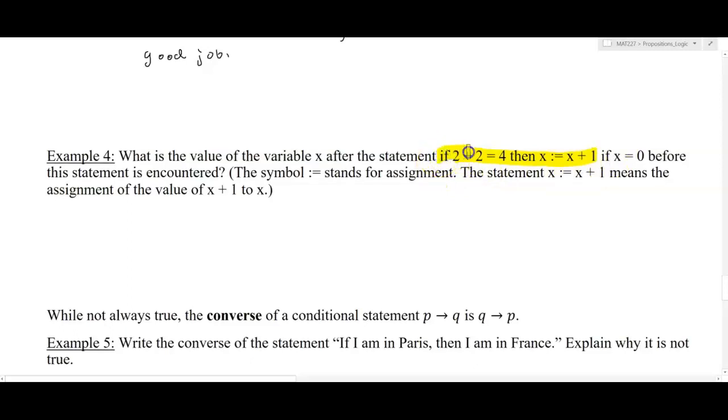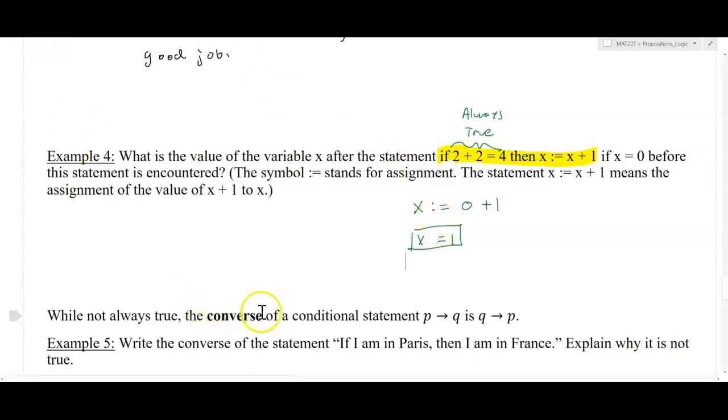Well, the statement 2 plus 2 equals 4 is always true. And an if-then statement, when the condition happens, the conclusion must follow. Therefore, x is going to be assigned the value of x plus 1. So x will now equal 1 coming out of this if-then statement.